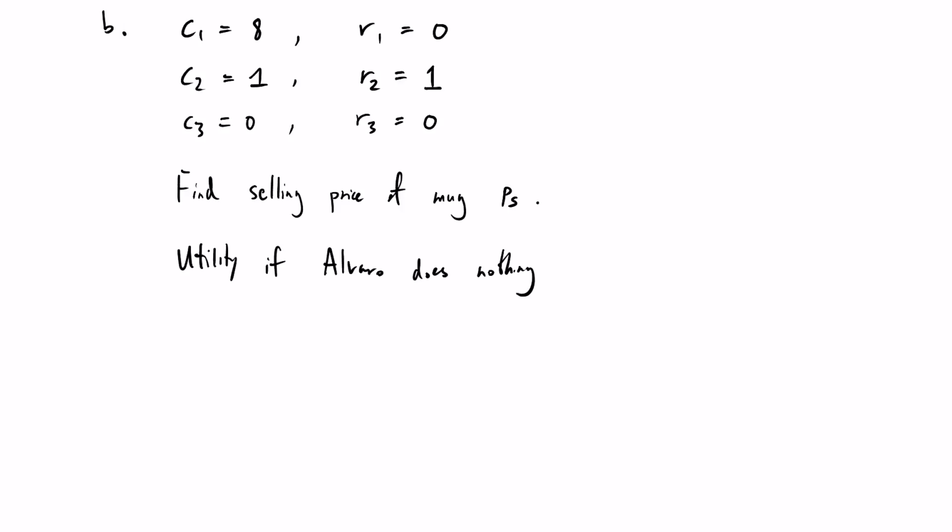If he does nothing, he keeps everything he has right now, but he's not going to get additional money. He has $8 that he has not incorporated into his reference point. He has a mug that he does incorporate into his reference point, and then he has no pen.